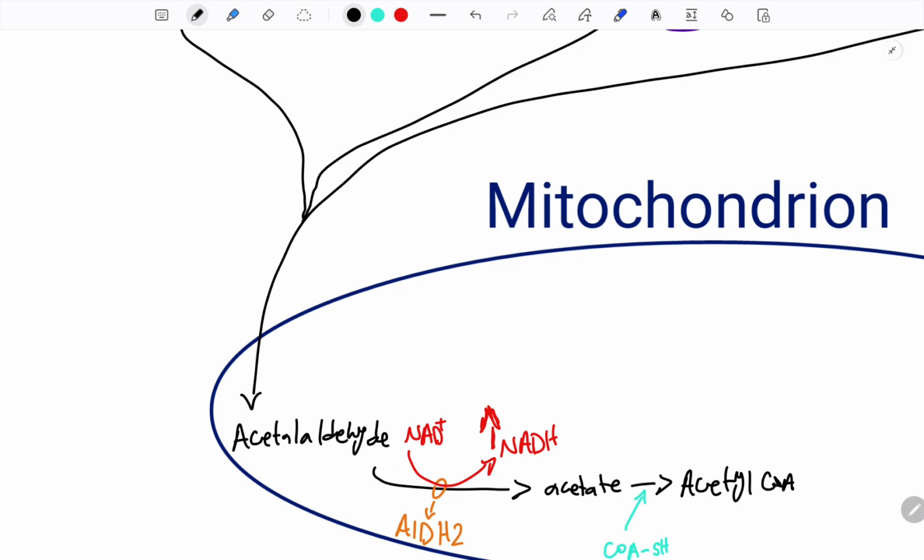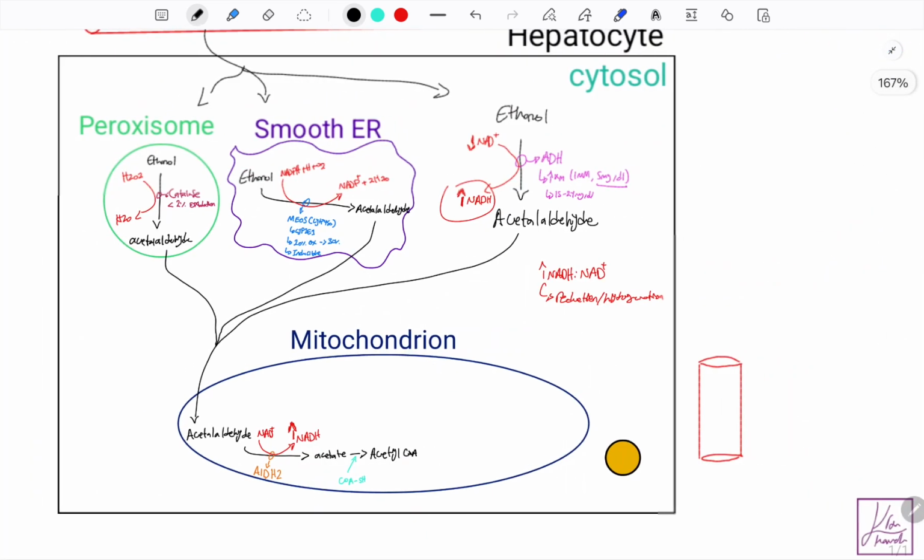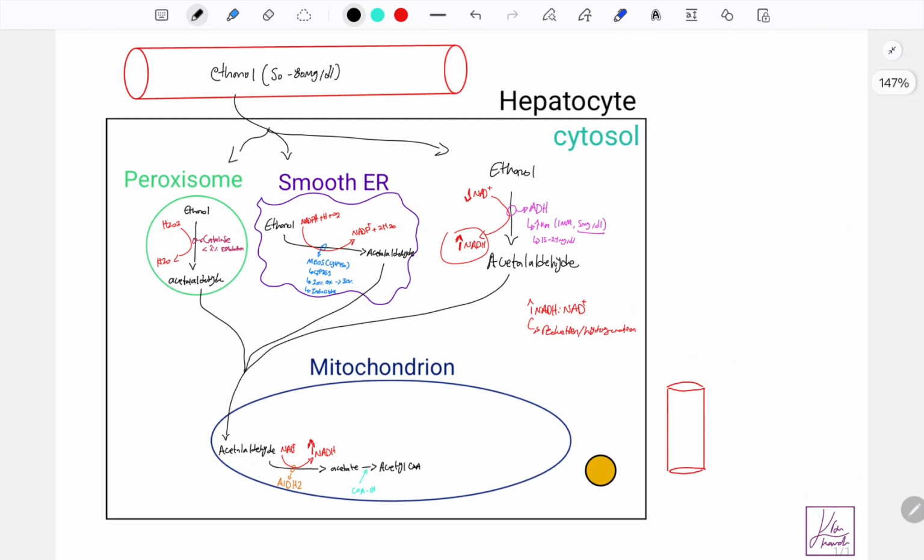It can also enhance other things, like lipid peroxidation, thus promoting free radical damage. So, not good. Not really good at all. And it's not just proteins and fats, right? I did mention it can bind to nucleotides as well, so it can cause DNA damage, which might lead to cancer, right?